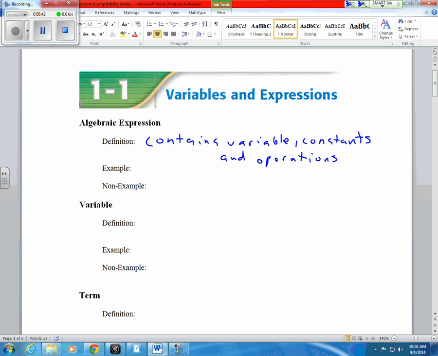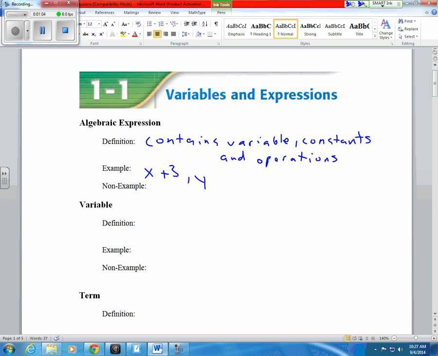So something that would be an algebraic expression would be something like x plus 3. I have a variable x, I have an operation addition, and I have a constant 3. Any part of this can contain a variable, any part of this can contain a constant. There'll be more parts we'll talk about later, but one example would be x plus 3.